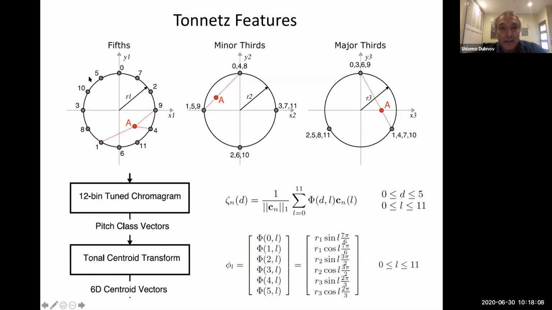In music theory, many times we use something which is called the circle of fifths. So instead of arranging the notes going by semitones, going from C to C sharp to D like we saw before, we actually rearrange them in jumps of 7, and then we wrap them back. There are a lot of musical theory reasons for doing this.